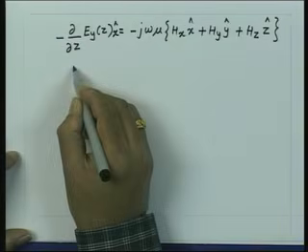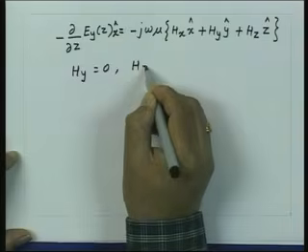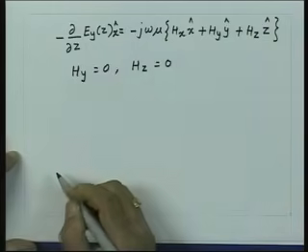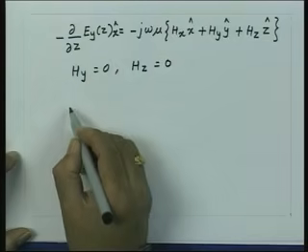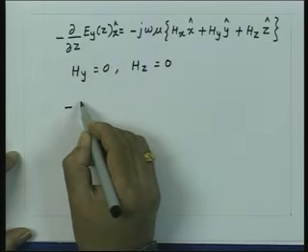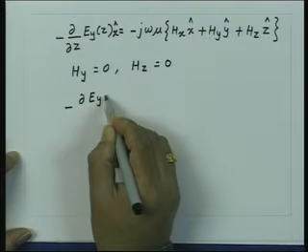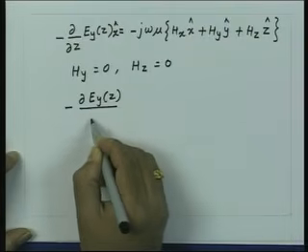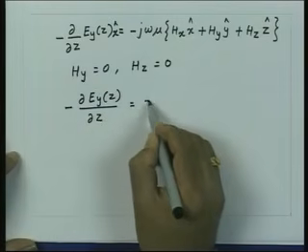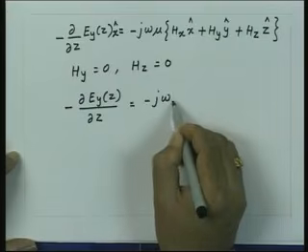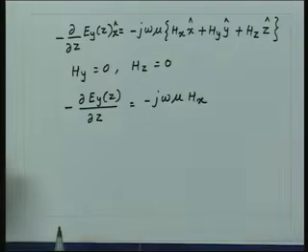So, from here I get hy is equal to 0, hz is equal to 0, and the x component which is minus dEy by dz, that is equal to minus j omega mu into hx.